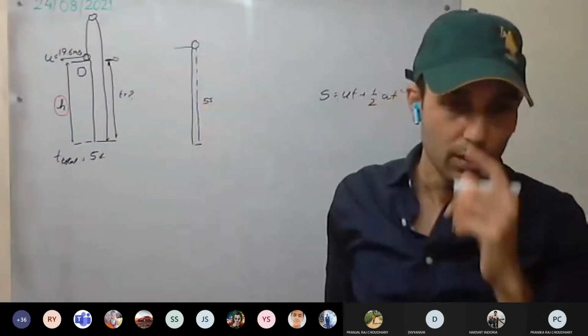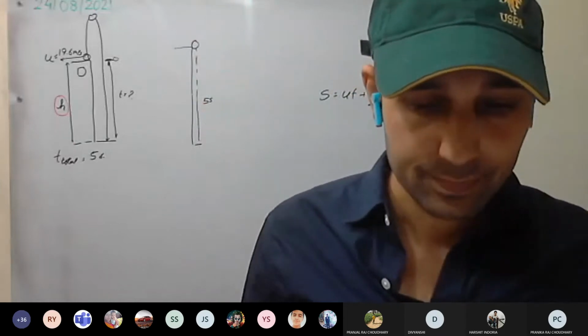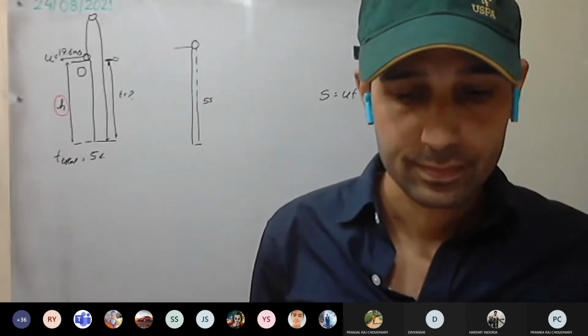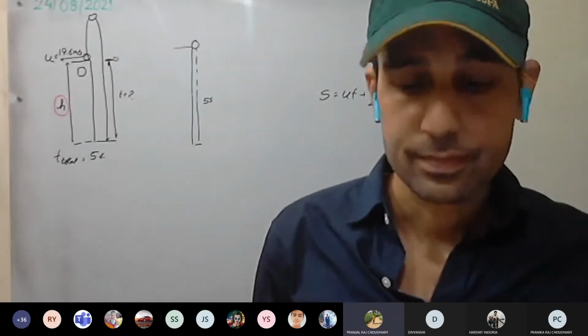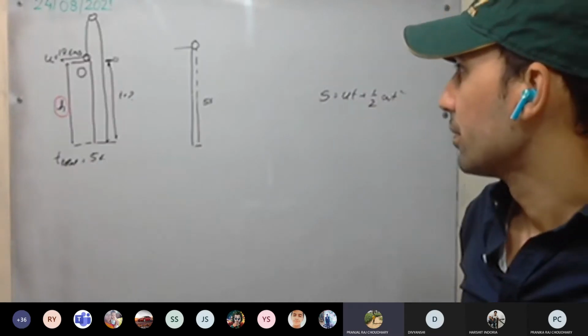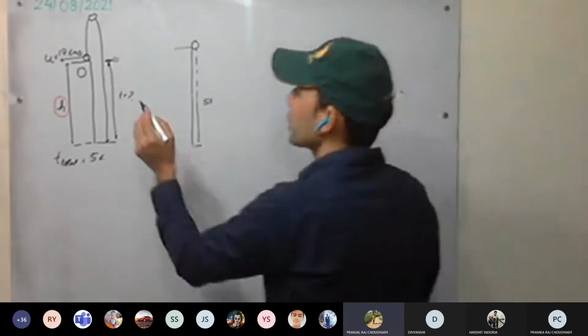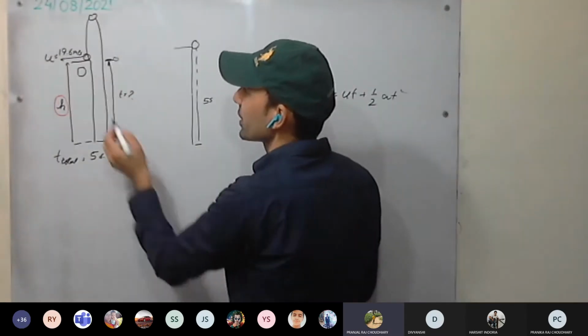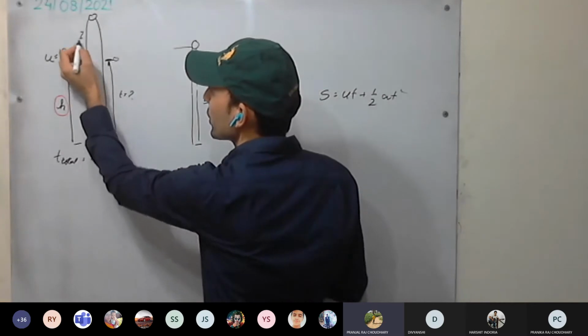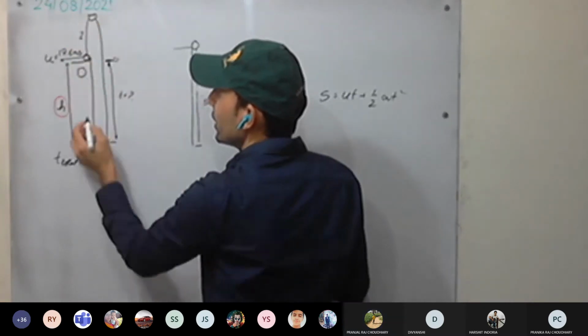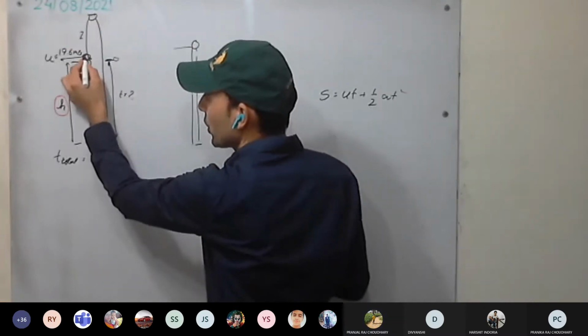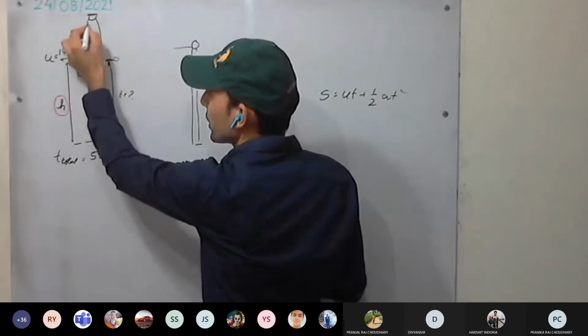So how to proceed with this one? We can take u as 19.6 and g as minus 9.8, then we can calculate it. First we take from here to here: the ball we have thrown from here reaches the top position.